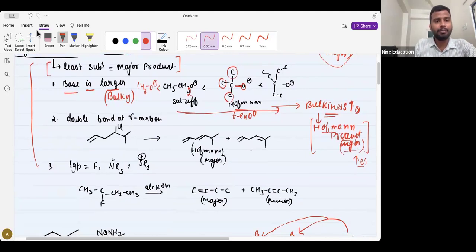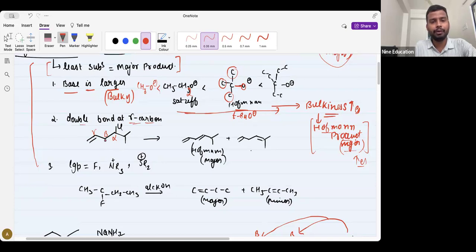Let's say I have a double bond at the gamma carbon, and this one is alpha, this one is beta, this one is gamma, है ना? जो कार्बन क्लोरीन के साथ अटैच है वो अल्फा, उसके साथ वाला बीटा, this one is gamma, है ना? So if I have a double bond at the gamma carbon, what will happen?